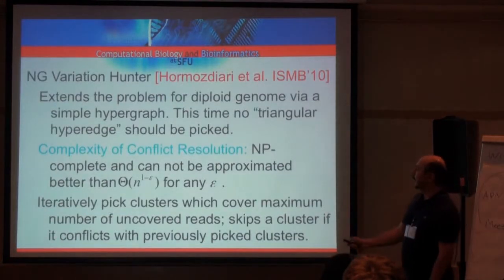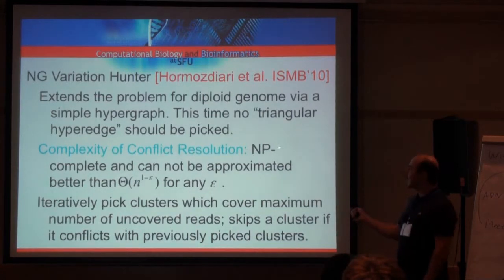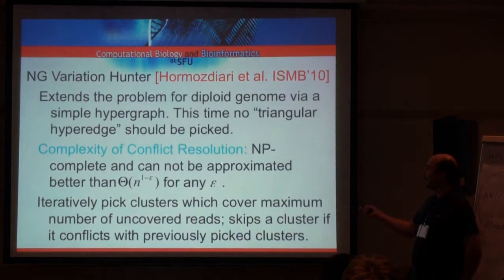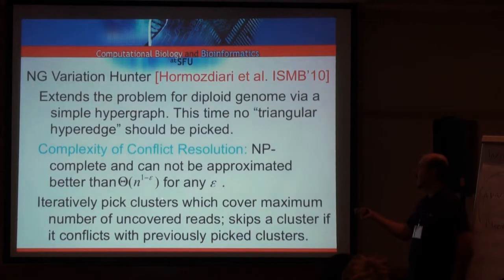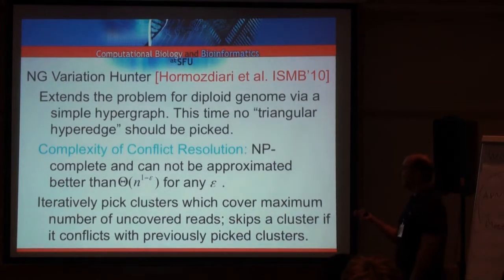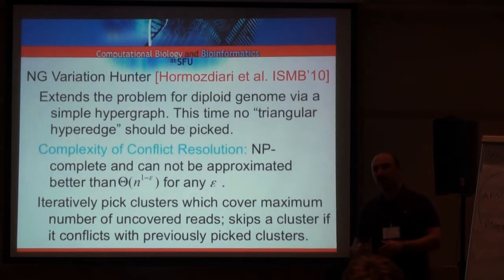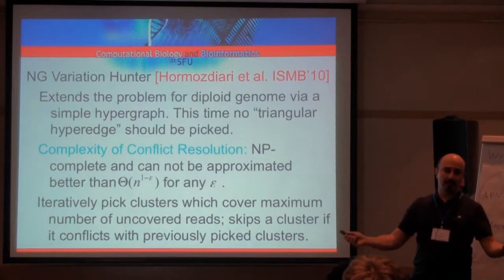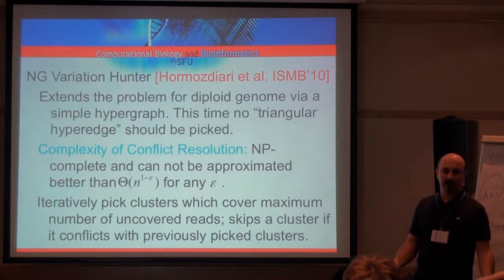So what we know is, as soon as there's an issue of conflict resolution, the problem becomes not only NP hard, as usual, but we know that it's NP hard even to approximate it with an n to the power 1 minus epsilon factor for any epsilon. So in fact, for the general problem, for arbitrary conflicts, there's no theoretical guarantee possible.